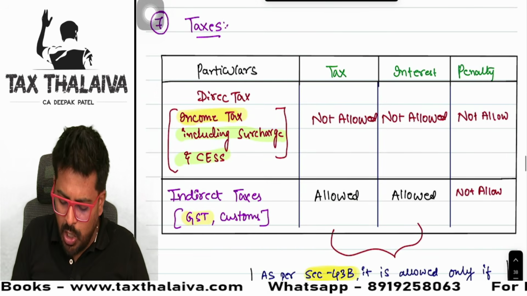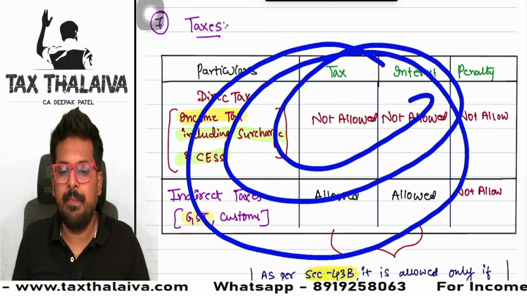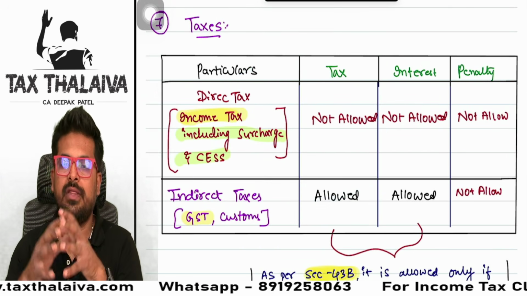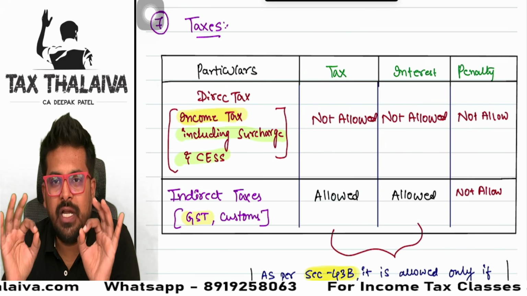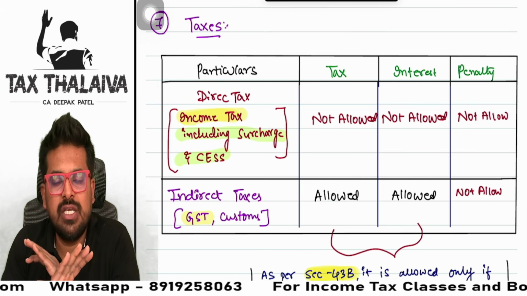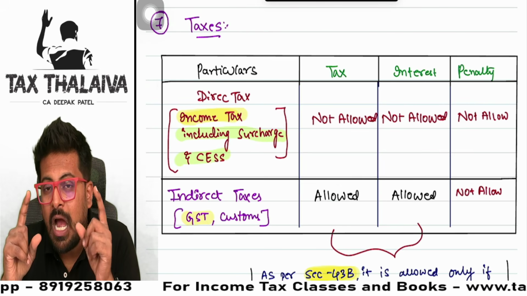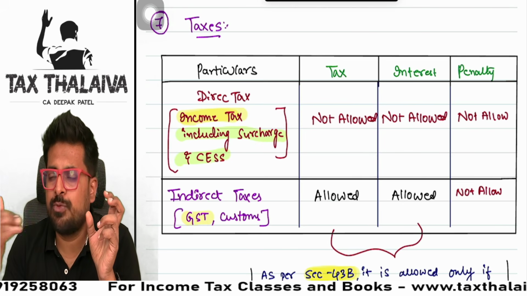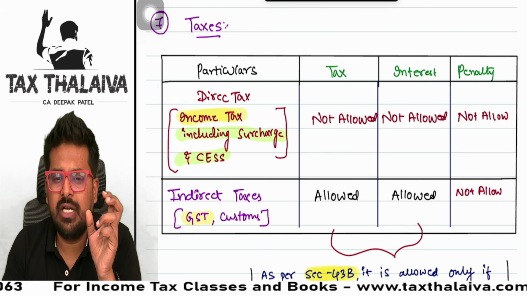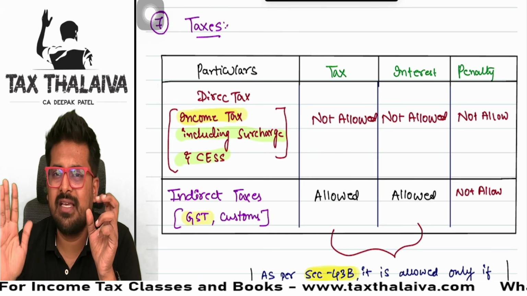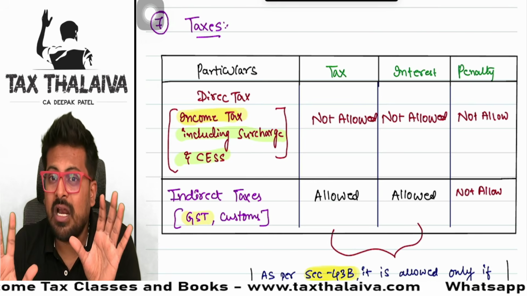Taxes. Guys, a lot of times the examination may test you on this. Always remember one thing: any expenditure in the nature of income tax is not allowed. Apart from income tax, any other taxes, municipal taxes, corporation taxes, goods and service taxes, customs duty, these are allowed.